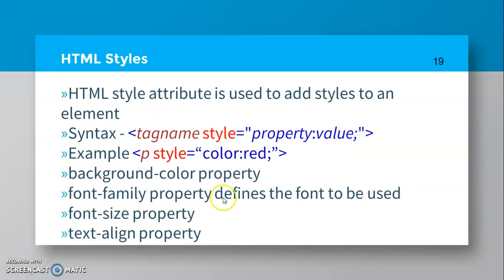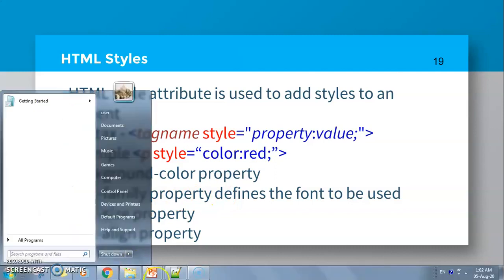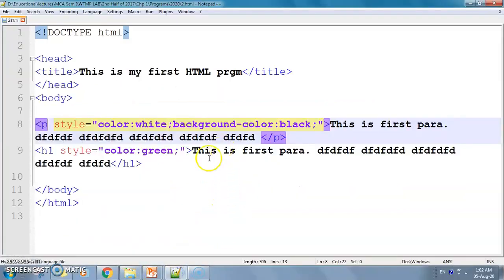Next is the font family property. Now one thing you can note: here I have taken the style attribute with one name and value pair, then again a second name and value pair after the semicolon. So this is how you can write code and minimize the code. For example, there is no need to write style again.